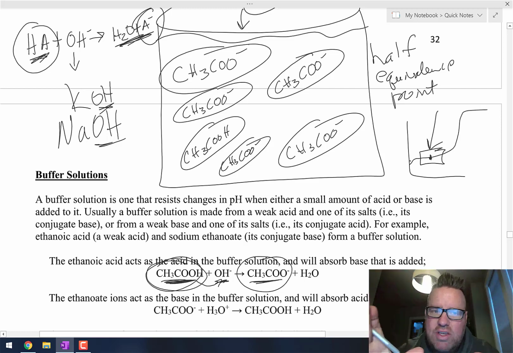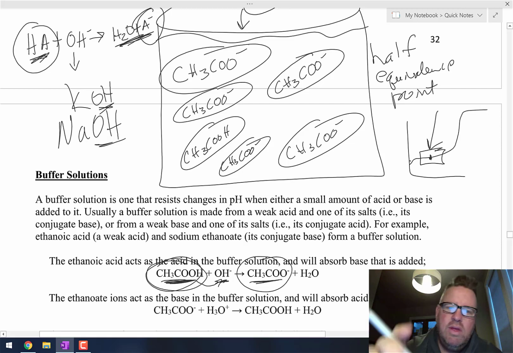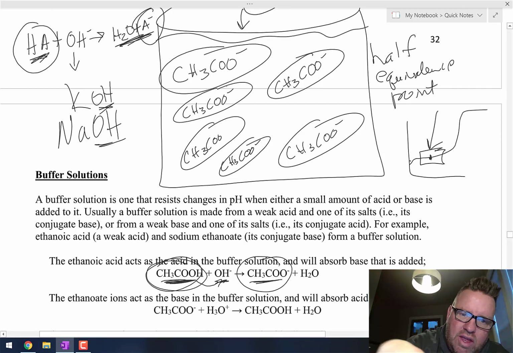All of the hydroxides you're adding, you're like, well, you're adding a base. Of course, the pH is going to go up. Only if the hydroxide ions stay. If the hydroxide ions react with something and they're gone, then the pH doesn't go up. Okay? And eventually you'll get to a point where now all of these acids have turned to conjugate bases.